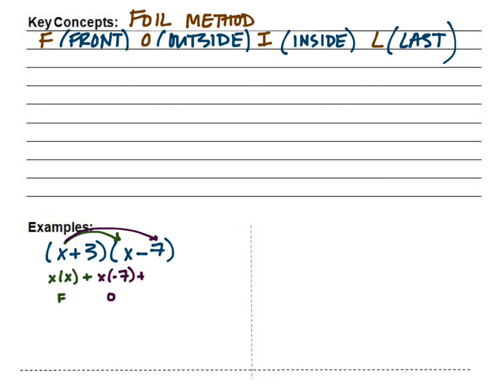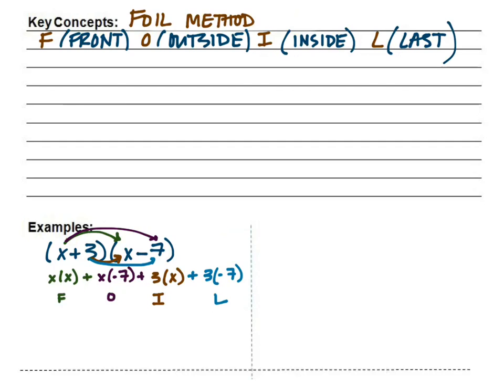And in fact, we're going to add the negative 7 because when we subtract 7, it's really like adding a negative 7. And we're also going to add the 3 times the x. That's the inside terms that we're multiplying. So again, 3x for those inside terms, and the last terms are the 3 and the negative 7.